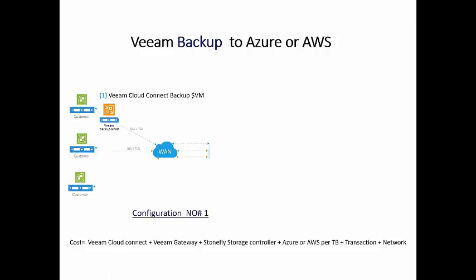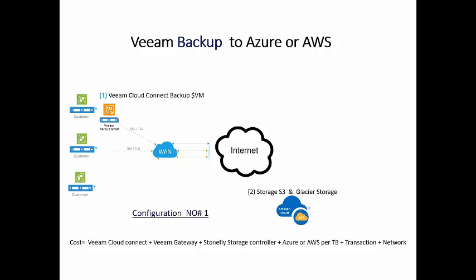Then bandwidth acceleration, as Randy says, and VPN come into play, and you connect to the internet, and then you go either to Amazon, where you take S3 or Glacier storage, or to Azure storage, where you would pick hot or cool blob. At that point the gateway gets spun up, because you want to connect the cloud gateway to the local gateway, which Veeam provides, and that provides the VPN and bandwidth acceleration that Veeam provides as part of their gateway.